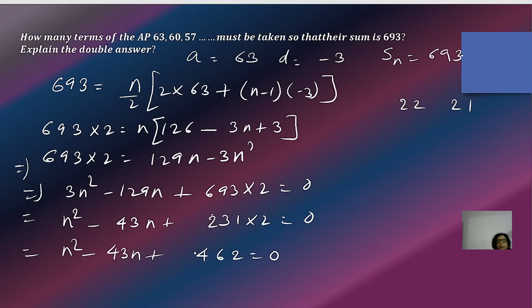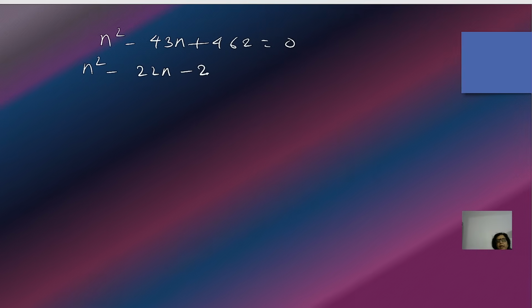So here if I take 22 and 21, I can write n squared minus 22n minus 21n plus 462 is equal to 0. 22 plus 21 will give us 43, 22 into 21 gives us 462.